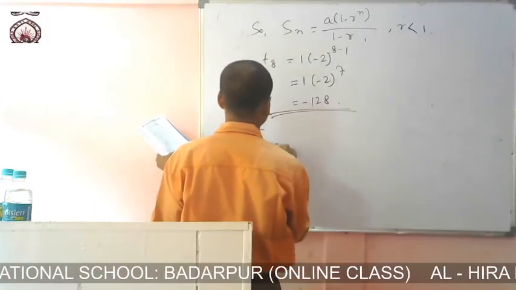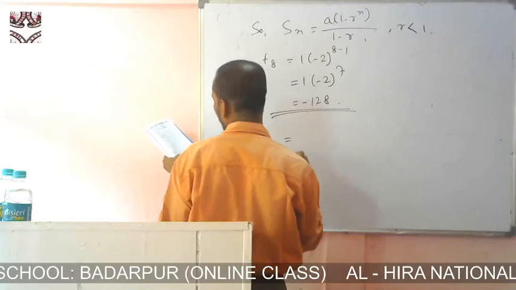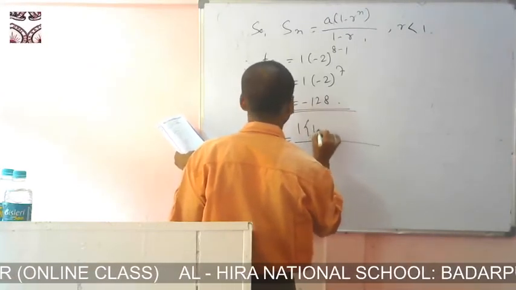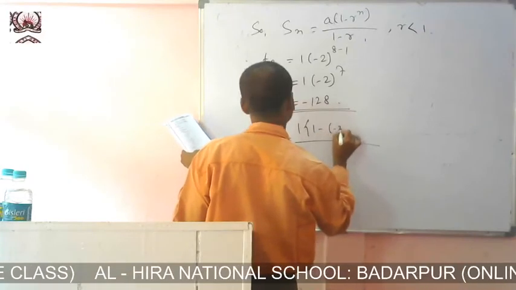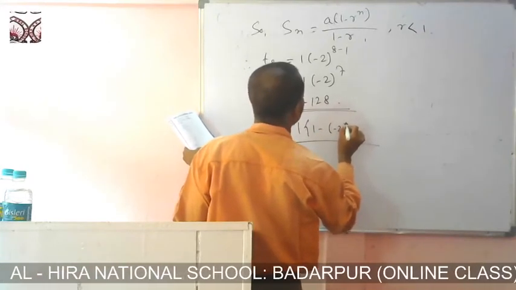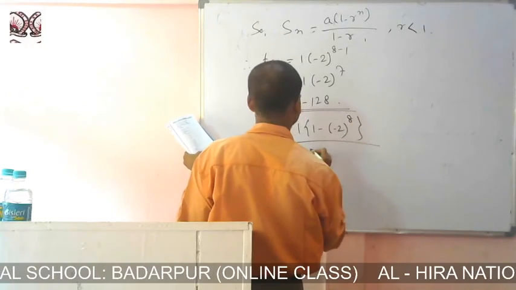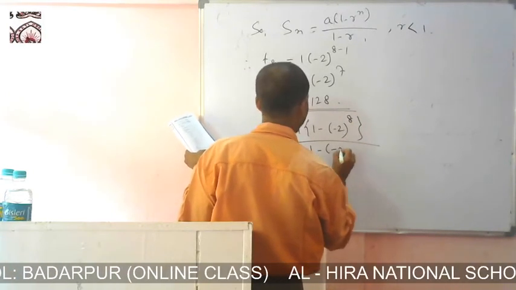S8, the sum of 8 terms, will be 1 into bracket 1 minus 2 to the power n, which means 8, and below is 1 minus r, meaning 1 plus 2.